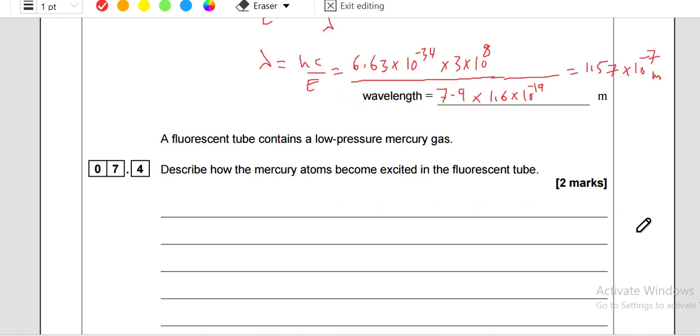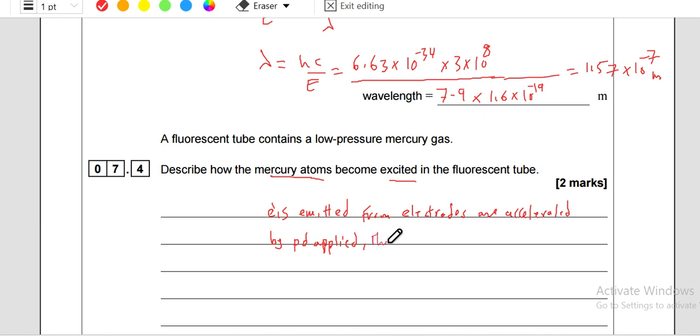How do mercury atoms become excited in a fluorescent tube? Firstly, we have electrons emitted from electrodes, which are accelerated by the potential difference applied between the electrodes.